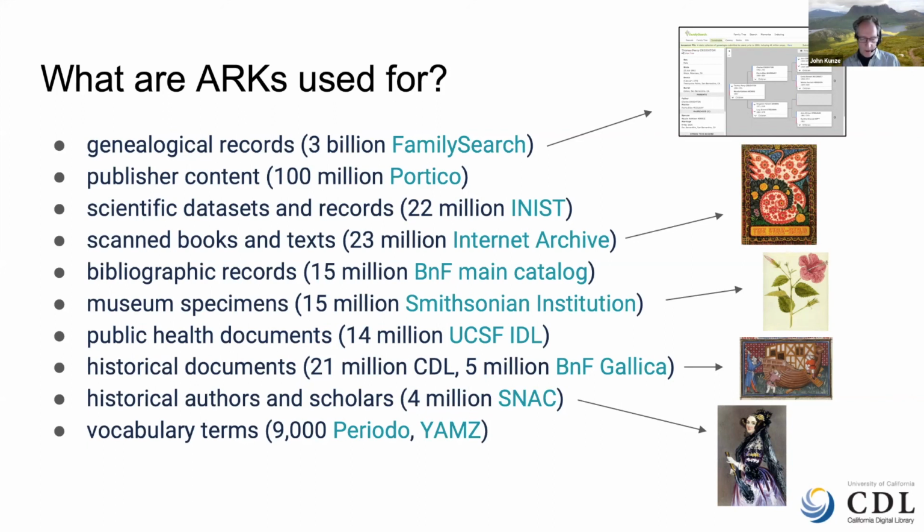They have apparently 40 billion ARKs, but apparently there are only 100 million of them that are meant to be interesting. The Internet Archive has been assigning ARKs to scanned books since 2008. The Smithsonian is rapidly expanding their use of ARKs from 15 million with a target of 100 to 150 million. And you'll hear from Bess Missell in a few minutes.